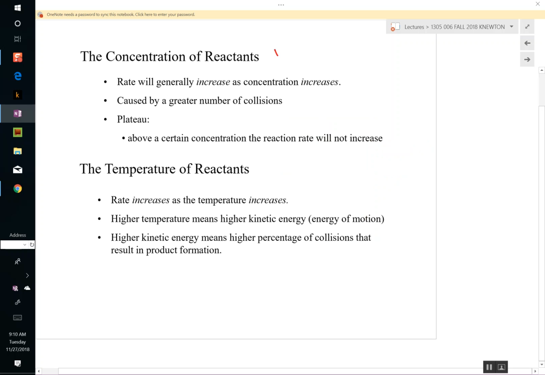All right, concentration of reactants affects kinetics. All right, and the temperature of the reactants. So as the temperature increases, rate increases. Concentration increases, rate increases.